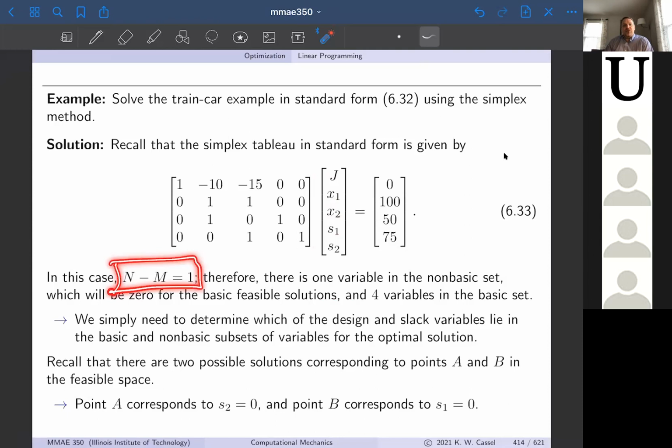Because n in the original problem was 2. m in the original problem was 1. And then S was 2. And so my n minus m, I said was 1, because n is 2, m is 1. And so n minus m is 1.